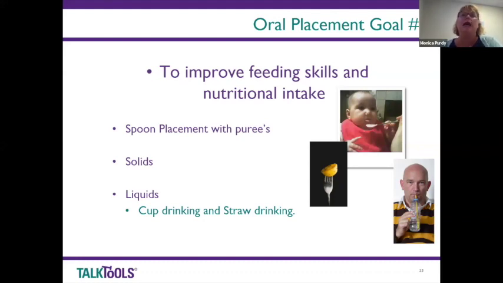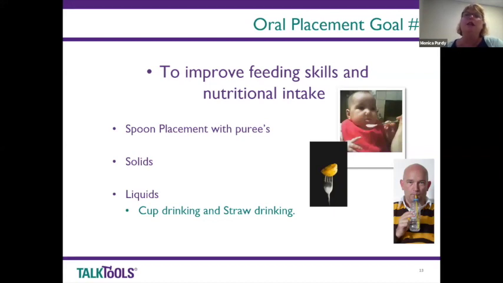So those are the types of individuals that shouldn't be doing a sippy cup. And really, in my opinion, no one needs to do a sippy cup. We're seeing more frontal lisp. We're seeing more children with dental cavities because they're drinking from a sippy cup all day long.